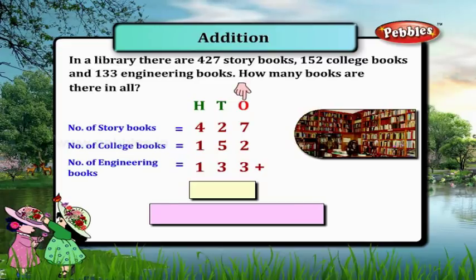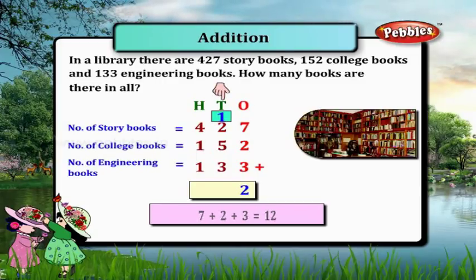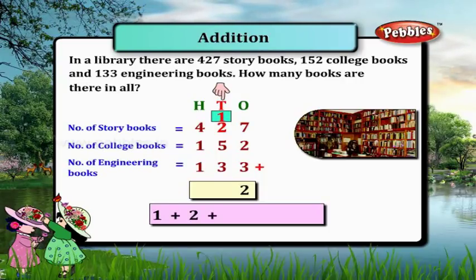Add the ones. 7 plus 2 plus 3 equal to 12. Write 2 in the ones column and carry over 1 to the tens column. Now add tens. 1 plus 2 plus 5 plus 3 is equal to 11.